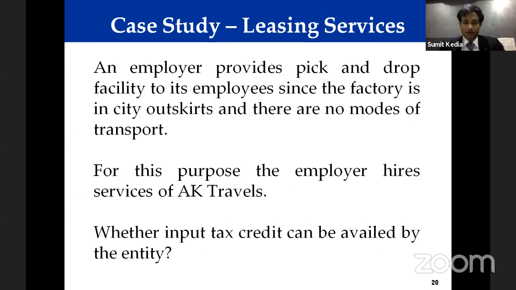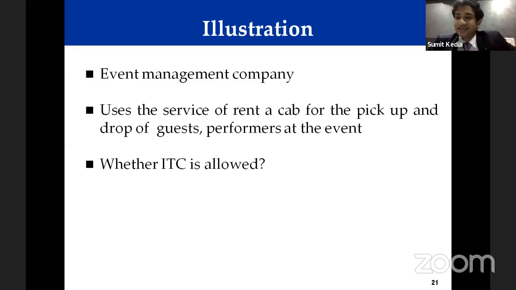Now, an event management company uses the services of a rent-a-cab for pickup and drop of guest performers at the event, where ITC is allowed. Now my question here: the event management company gets a contract, let's say from a manufacturing company, a large conglomerate, for an event to be held.